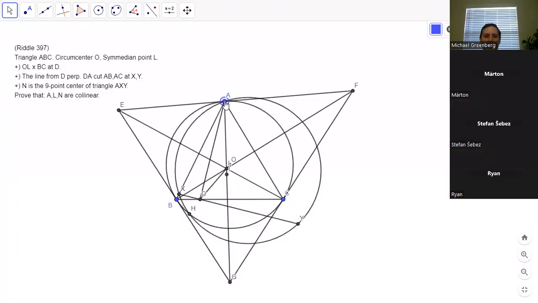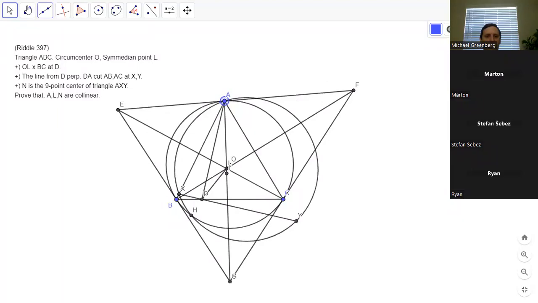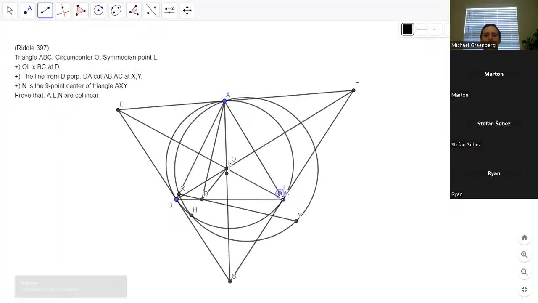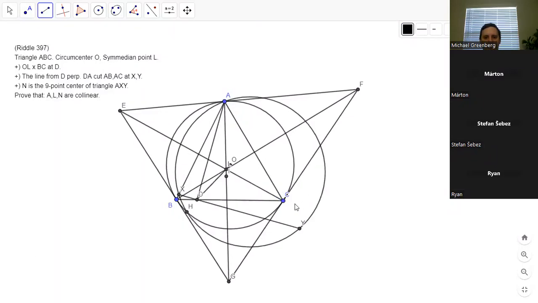So step one is to show that the 9-point center of AXY lies on the A median of ABC. That is very random. But the 9-point center, yeah, it's isogonal to the cos theta point. And that's a little tricky to draw.